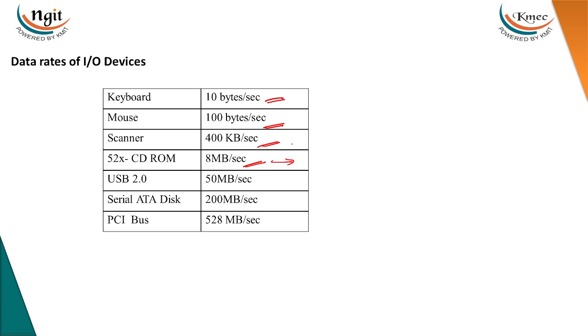USB 2.0 has a maximum data rate of 50 MB per second. A SATA disk, 200 MB per second at maximum. PCI buses, 528 MB per second.